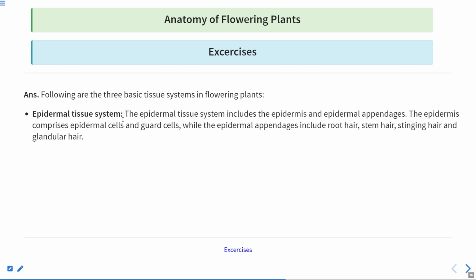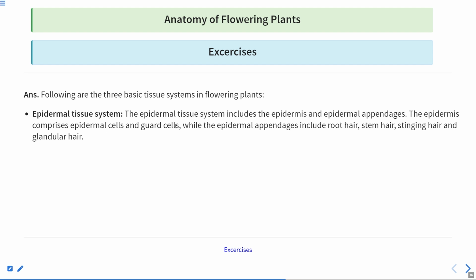So let us see what constitutes this epidermal tissue system. The epidermal tissue system includes the epidermis and epidermal appendages. There are many epidermal appendages that come out from the outer surface of the epidermis, so that is also included in this epidermal tissue system, right? Now, epidermis comprises epidermal cells and the guard cells.